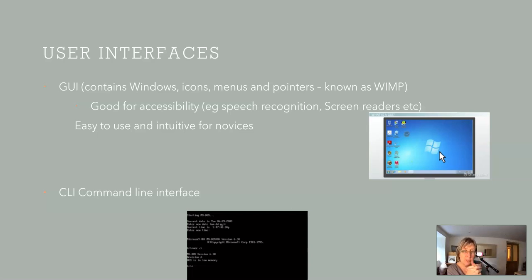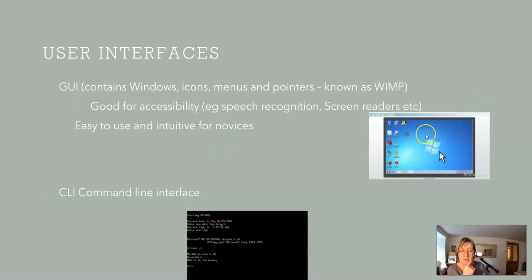Then along came Windows, which, it's argued whether it was the first, some say Linux was the first, but an early graphic user interface, GUI, graphic user interface. And what that meant was that the user interface, the user connection with the computer, was graphic. So that brought along the mouse.